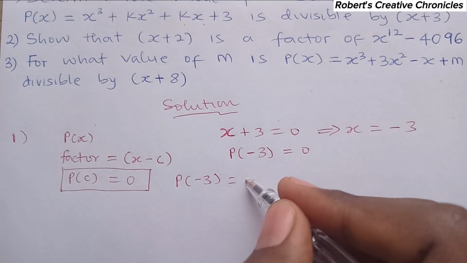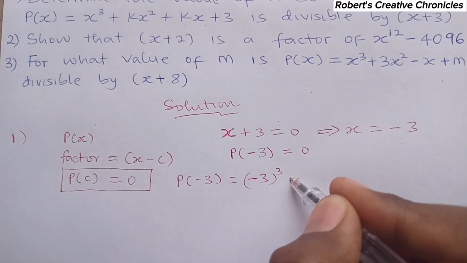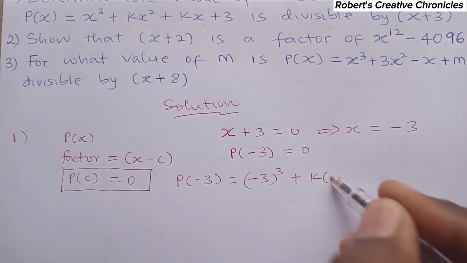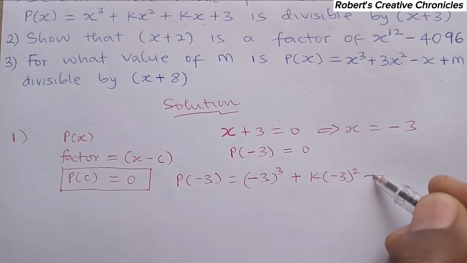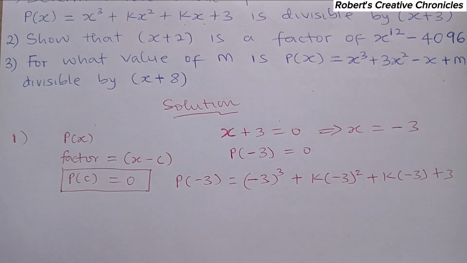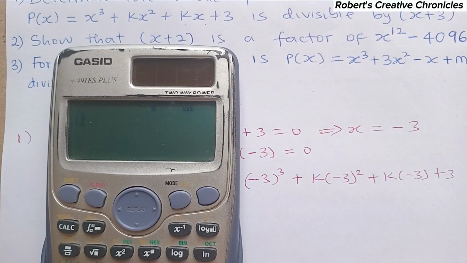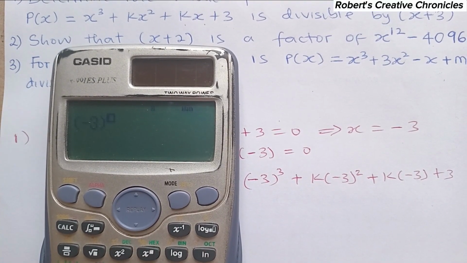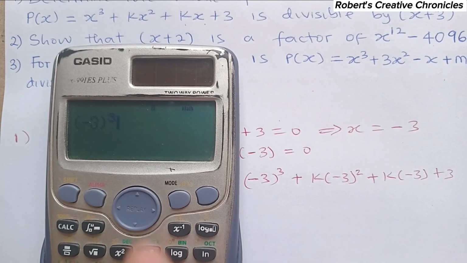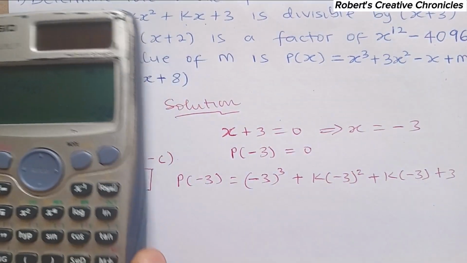To become negative 3 cubed plus k times negative 3 squared plus k times negative 3 plus 3. Negative 3 cubed plus 3 is negative 24.